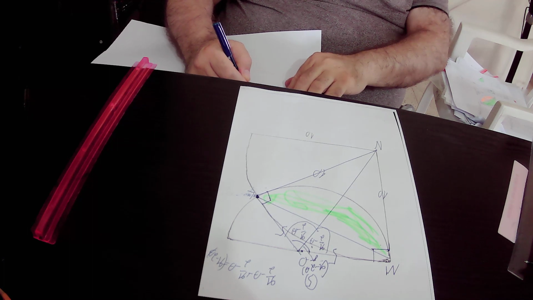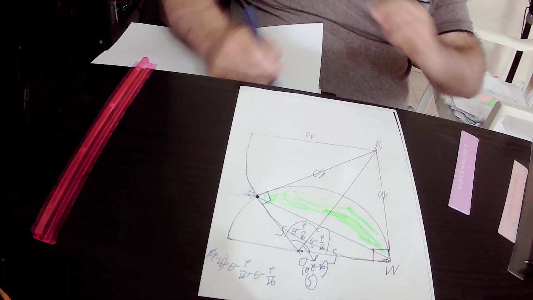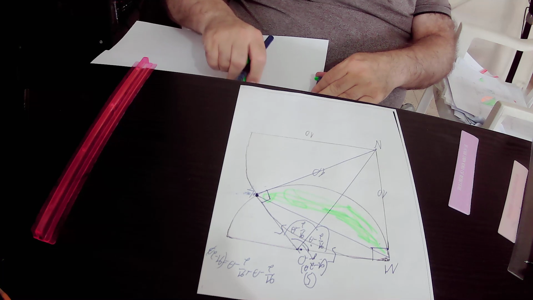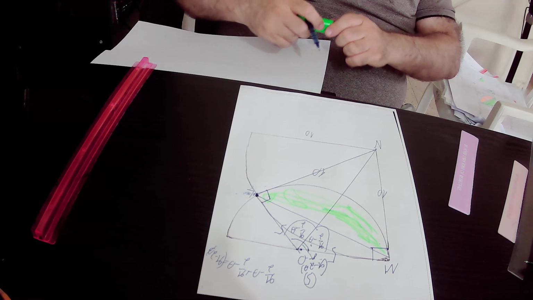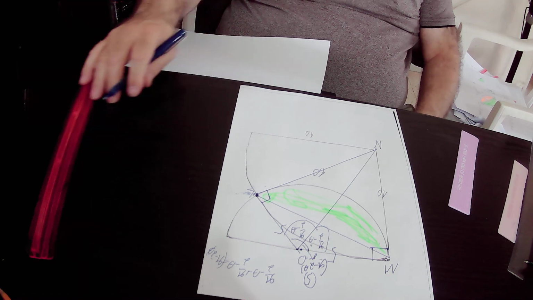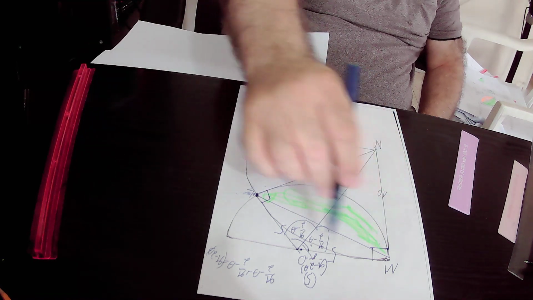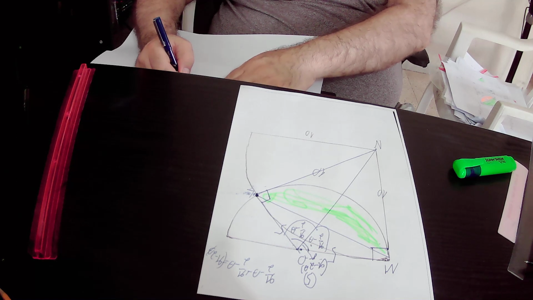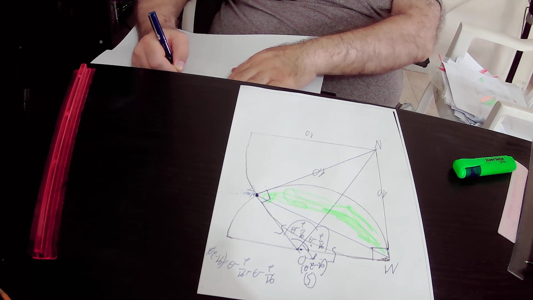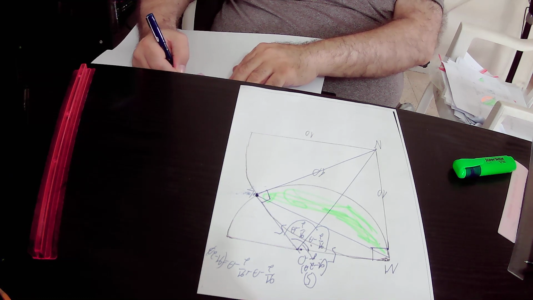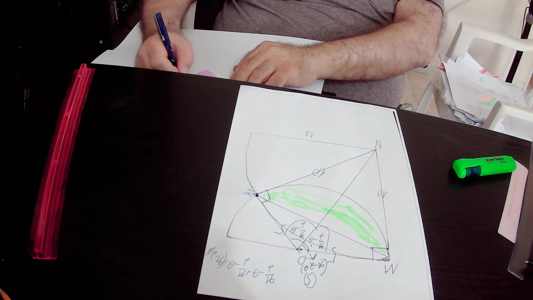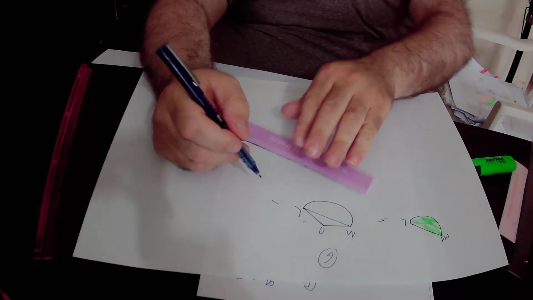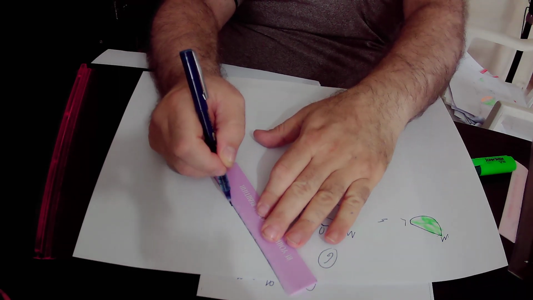The area of the lower circular segment ML will be equal to the area of sector MOL, the area of this sector, so this is sector MOL, minus the area of triangle MOL.